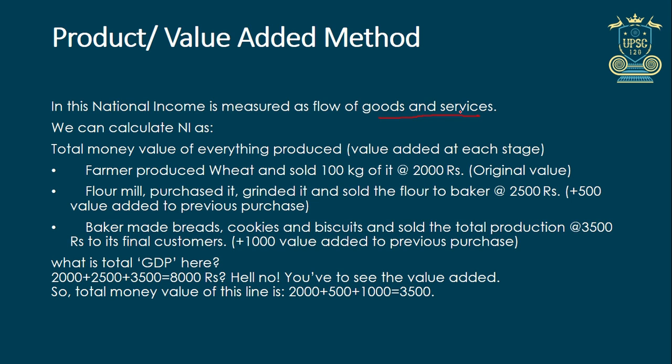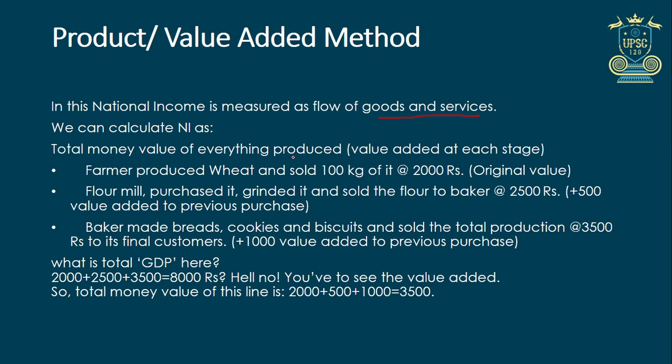If you are producing wheat, then you make the wheat into bread, then you make the bread into cookies or something else. So like that, there is continuous value addition. In each stage, how much value is added, that alone you keep on adding and you find the national income.